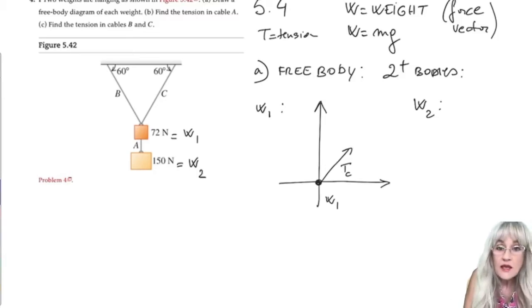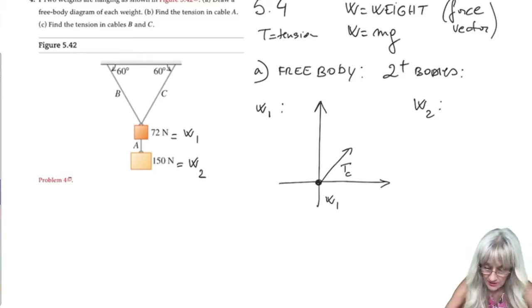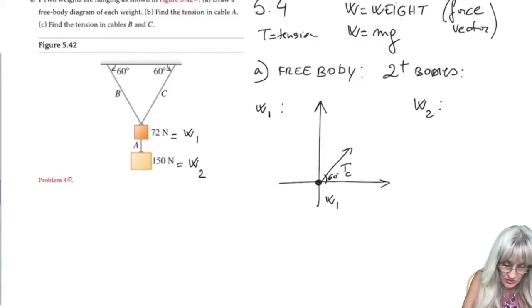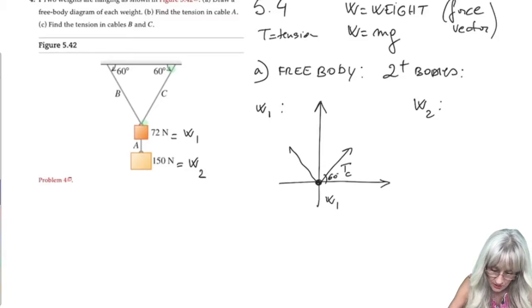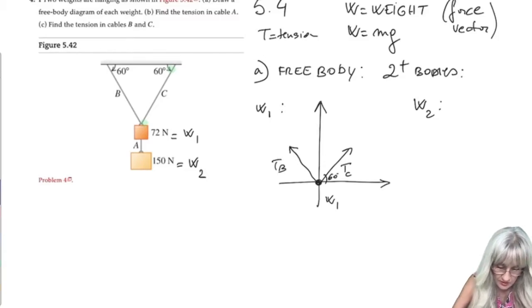If this angle is 60, then also this angle will be 60, okay? So I show you with the highlight. If this angle is 60, in light green, this angle is also 60, right there. The same applies for the tension in cable B, T of B. This is cable B, right? The tension is right here, tension and tension.